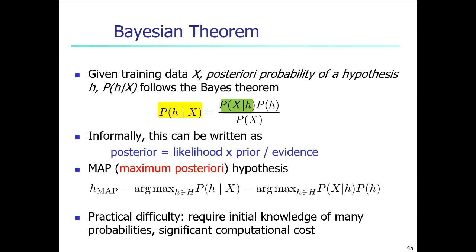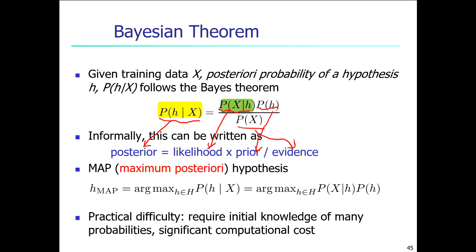I think the formula you have already known before. So we call this P(H|X) the posterior probability. This P(X|H) the likelihood. The probability of H is the prior and the probability of X is the evidence.